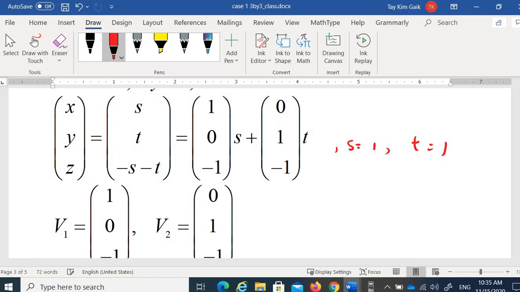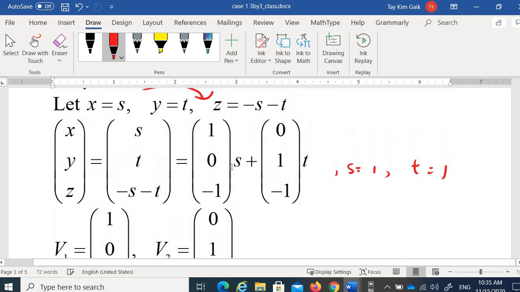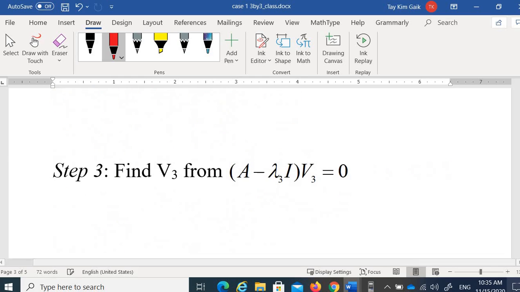Hence, for two same eigenvalues, we obtain two eigenvectors already: (1, 0, -1) and (0, 1, -1). This is v1, this is v2.